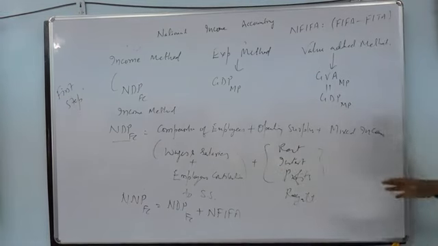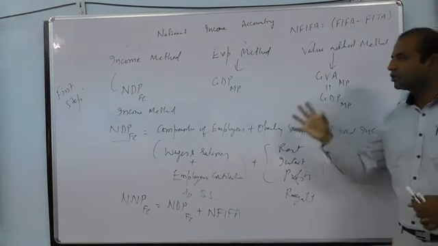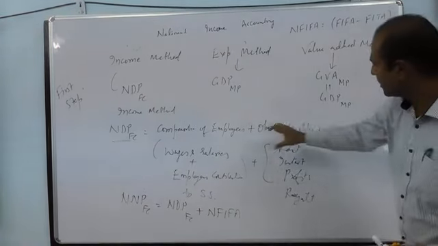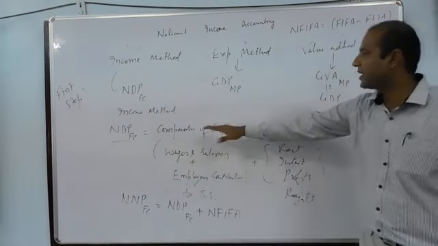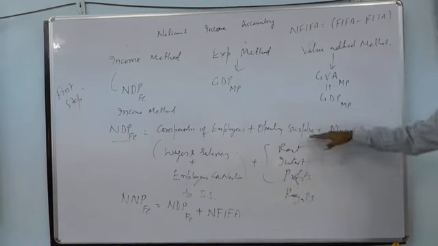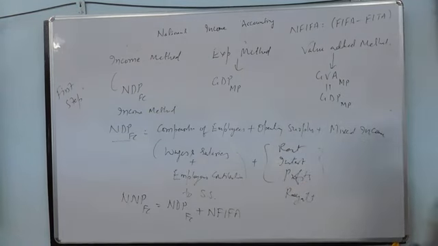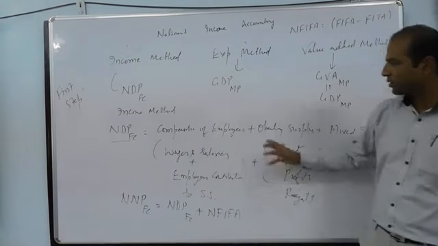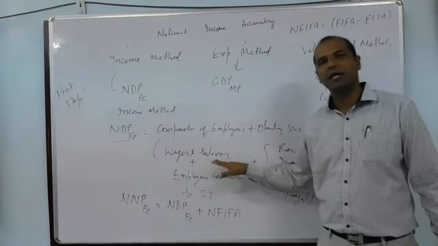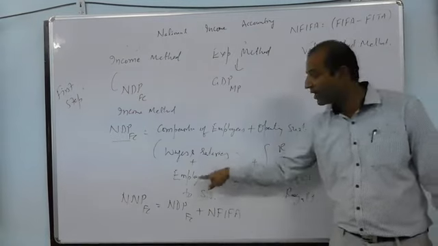Am I quite clear? In order to solve the numericals from income method, you have to first determine NDPFC by adding compensation of employees, operating surplus and mixed income. If in the data compensation of employees is not given, look for wages and salaries and employer's contribution.